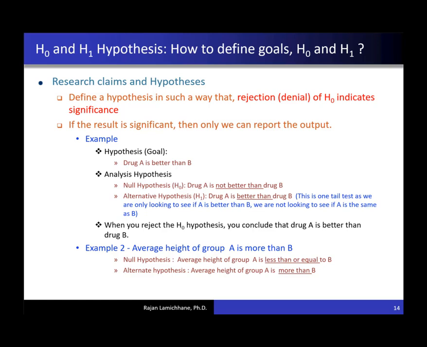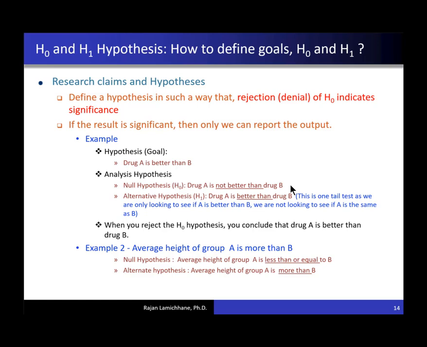So to reject this null, your null hypothesis must be defined as drug A is not better than drug B. Once you reject this one, then you fall into the alternate category, which is the significance case, where it says drug A is better than drug B. And remember that this is a one-tail test because we are just looking at the outcome of drug A, which is better than drug B. Sometimes this could be more or less better, but no matter whether you are taking more or less, it is always one-sided.